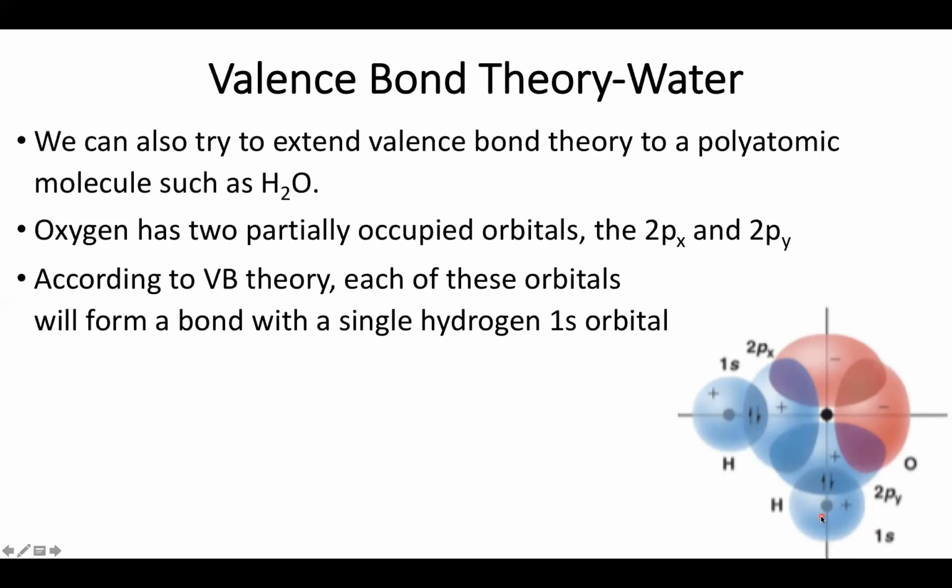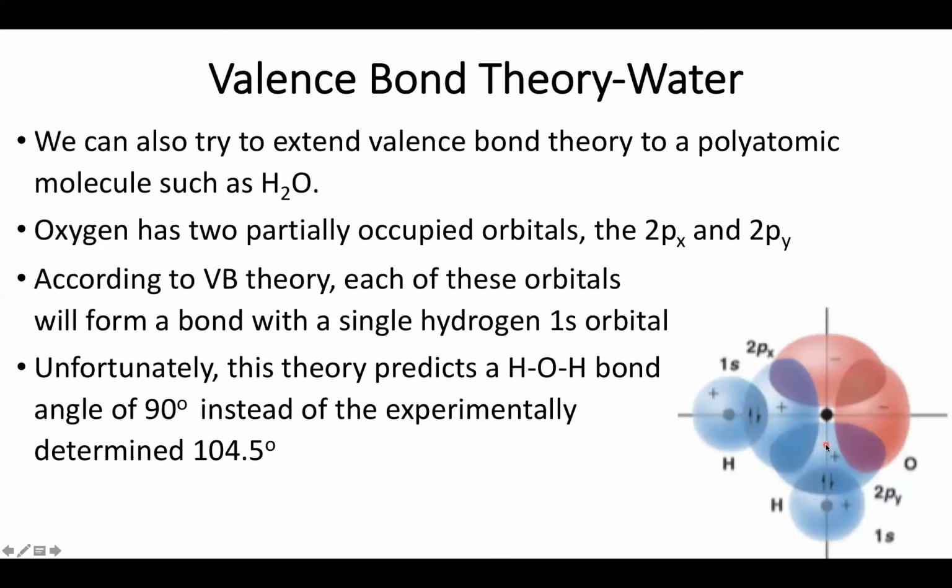The unfortunate failure of valence bond theory stems from the fact that it gets the angles all wrong. So according to this, my y and x orbitals should, by convention, have a 90-degree angle because they're in an orthogonal space. It turns out that they actually have an angle of 105, which means we did something wrong.